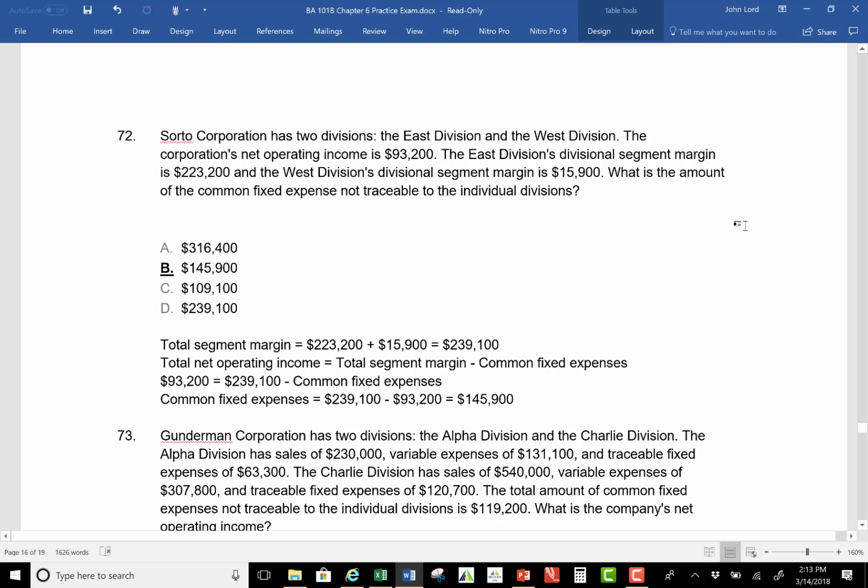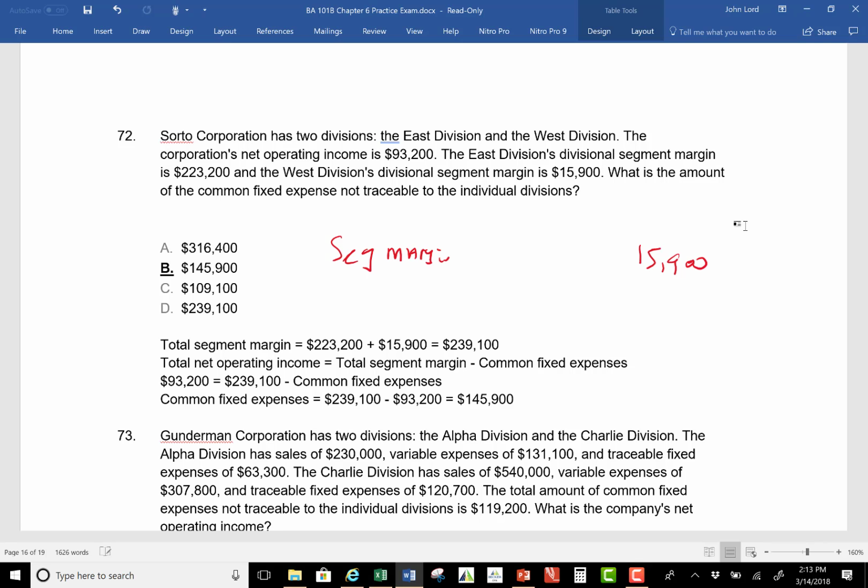Now, if you're looking at that statement that we had before, they're taking the segment margins, the 15,900 and the 223,200.